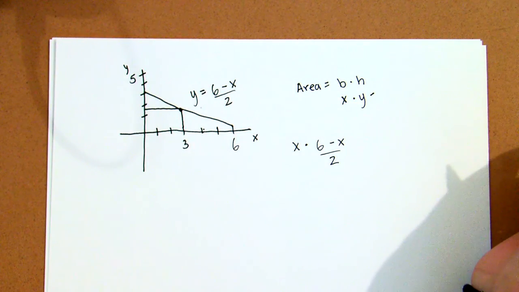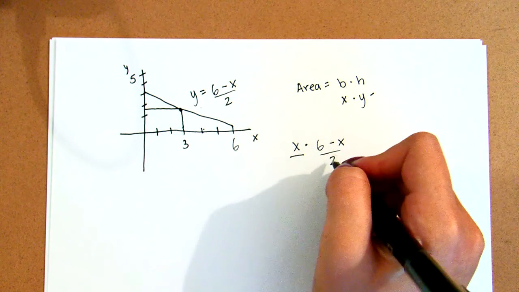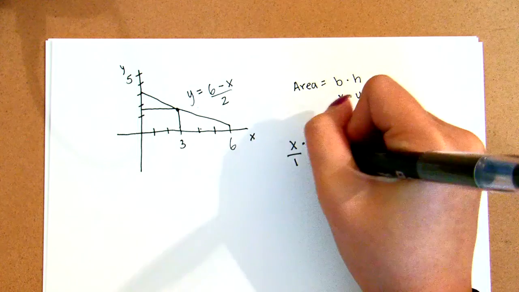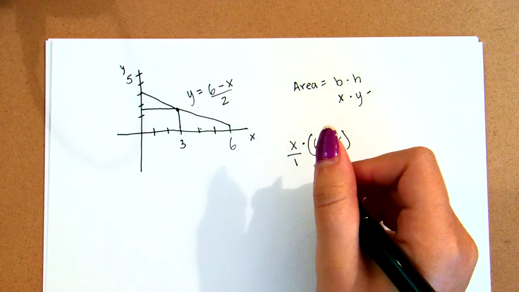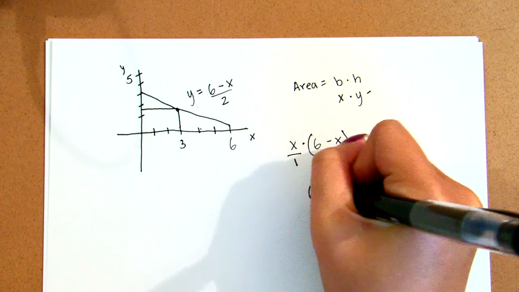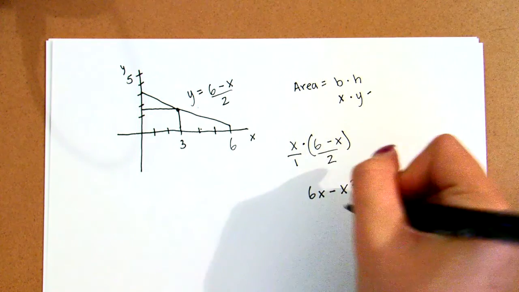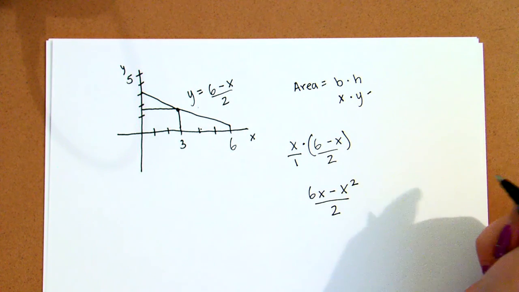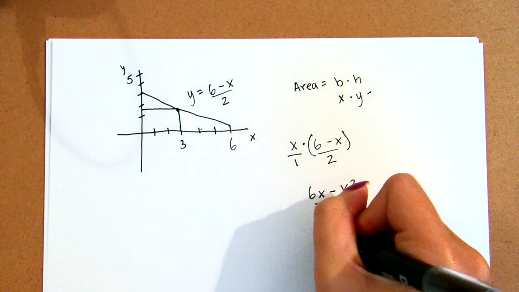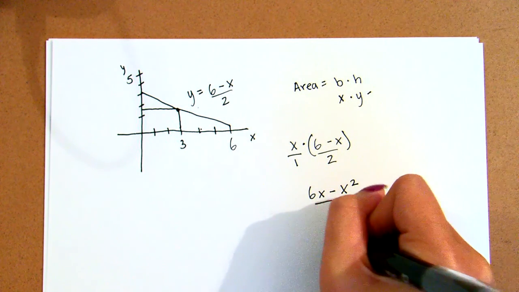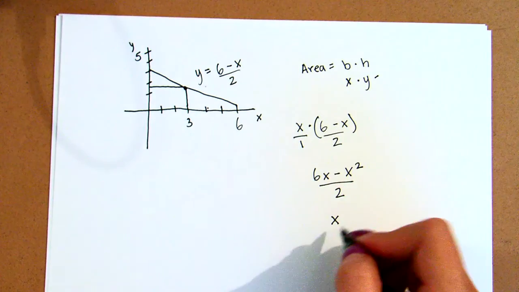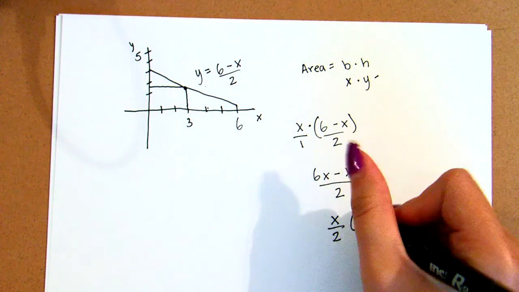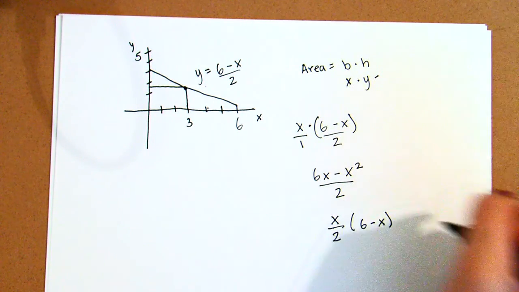Then you multiply the x and the y, so it'd be 6x minus x squared over 2, and then you could factor out an x, so it's x over 2 times 6 minus x.